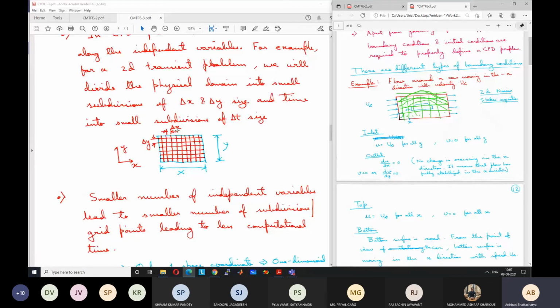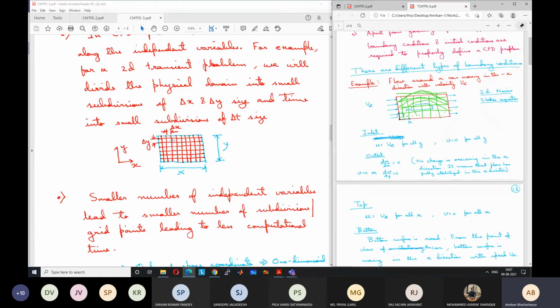In that case, we have to take a 3D domain, and if you divide the third direction also into 10 control volumes, then you have 10 into 10 into 10, so 1000 control volumes instead of 100. So just by taking a 3D problem instead of 2D, keeping everything else the same, we are changing the number of control volumes from 100 to 1000.